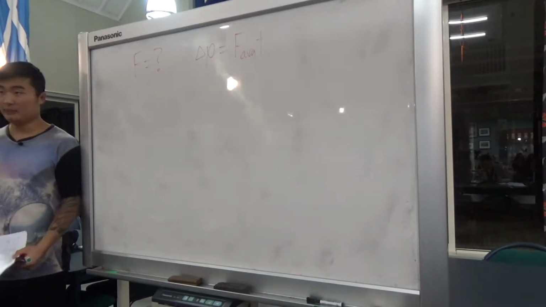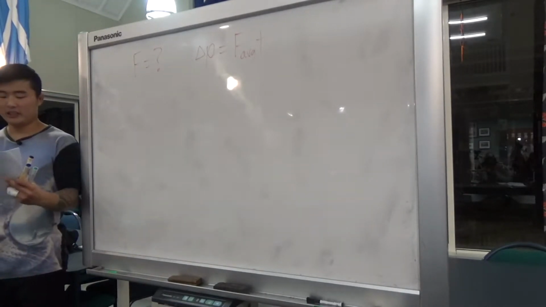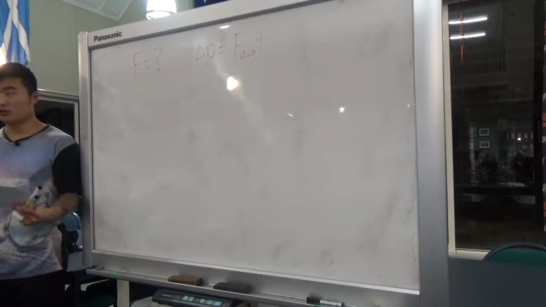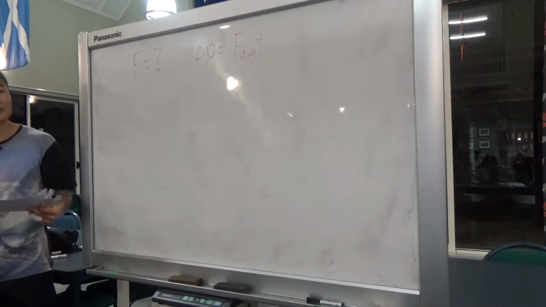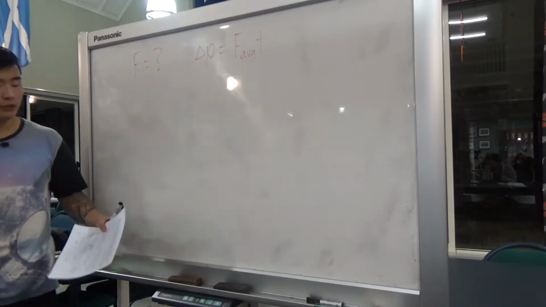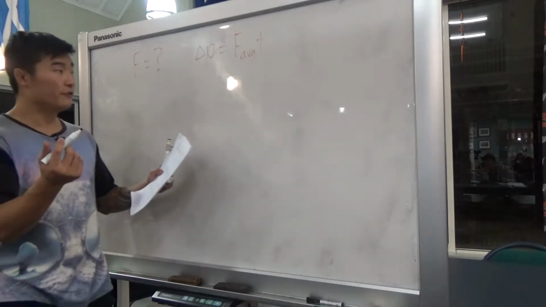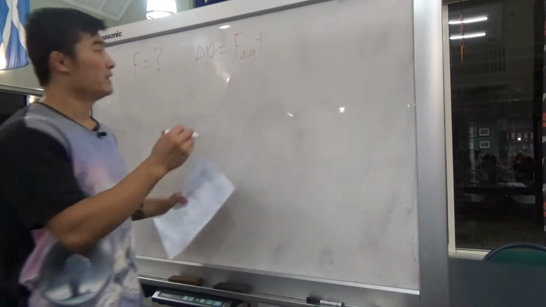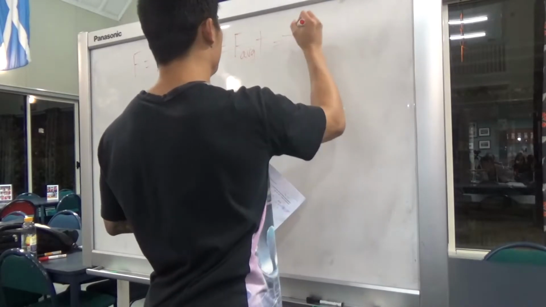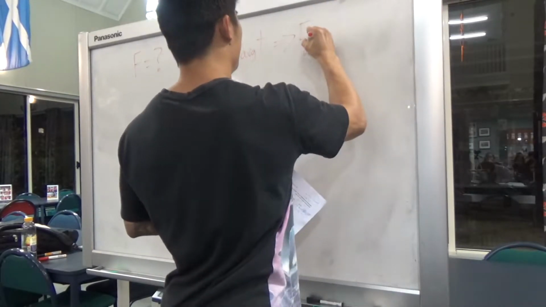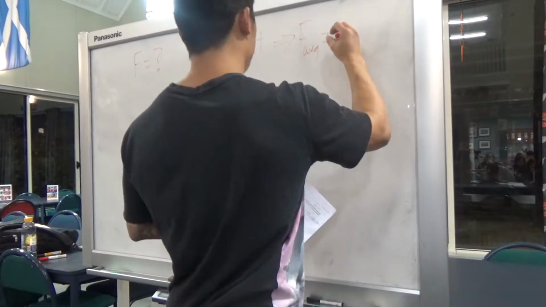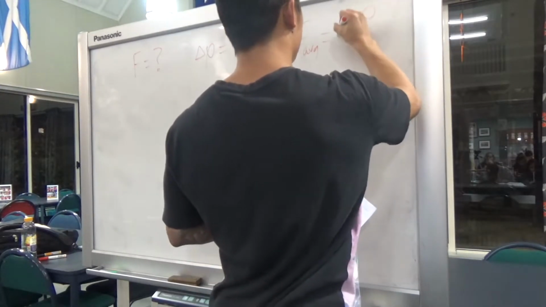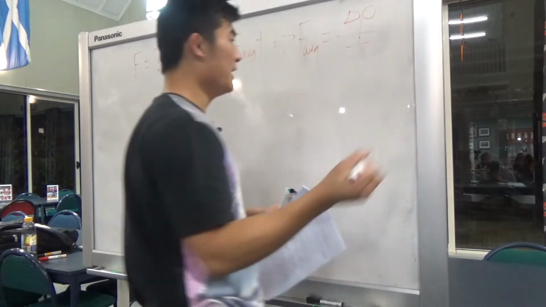This is the change in momentum because she had a velocity at the start and then she was brought to rest, so there's going to be a change in momentum, right? So we want to know the average force, so we're going to rearrange this for average force, which is equal to the change in momentum over the time.